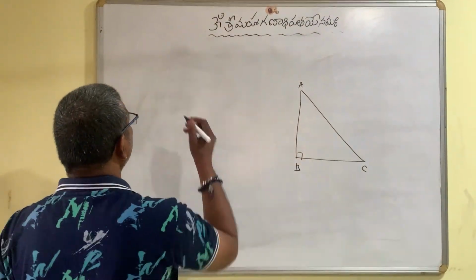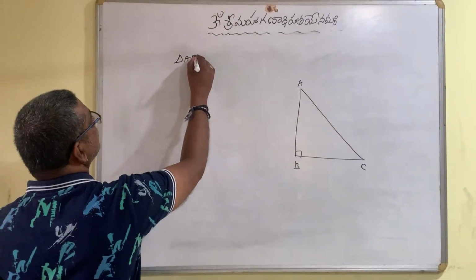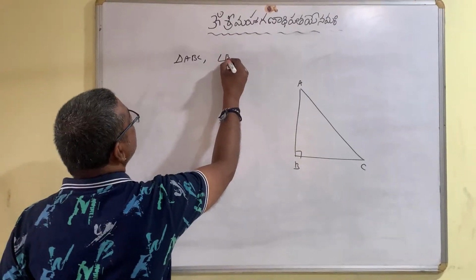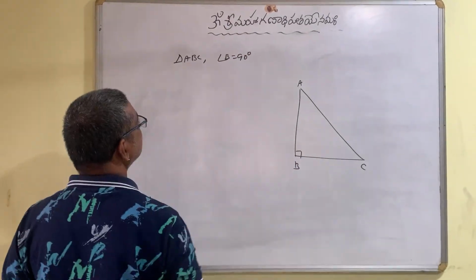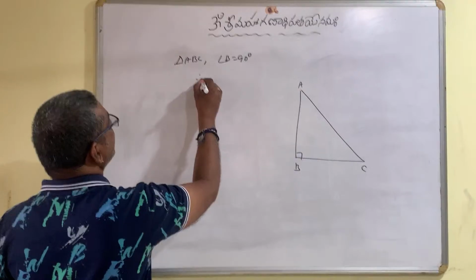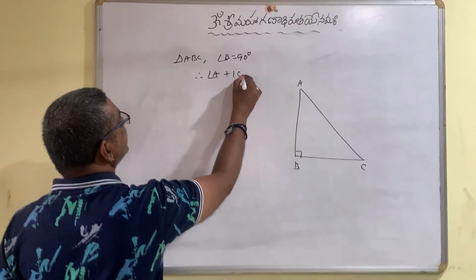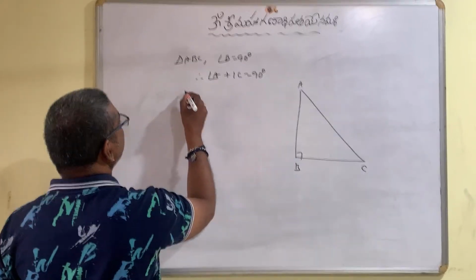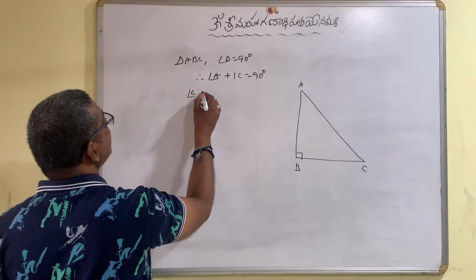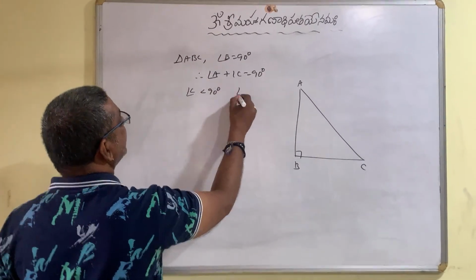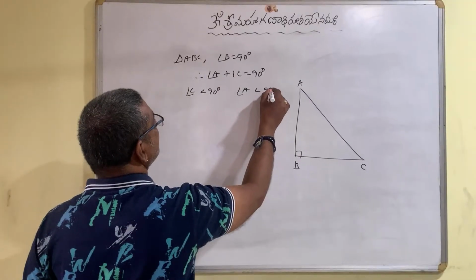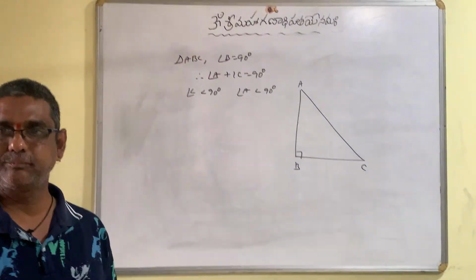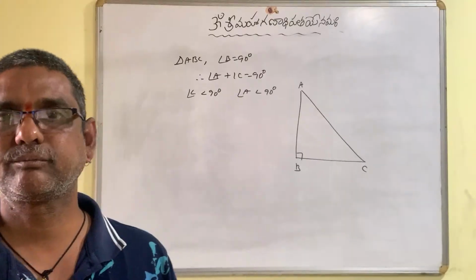Here in triangle ABC, angle B is 90 degrees. So therefore angle A plus angle C is 90. That means angle C is less than 90 as well as angle A is also less than 90. Okay.